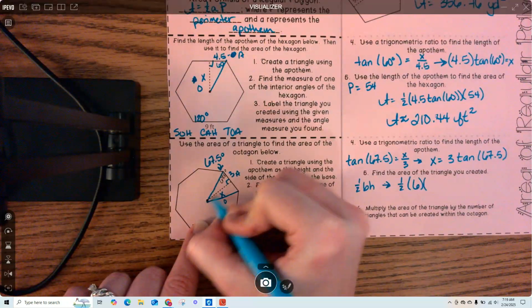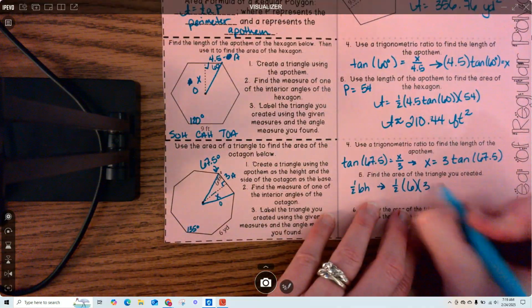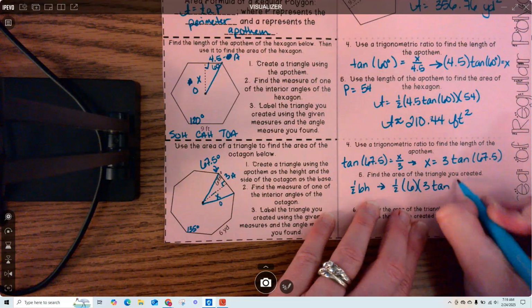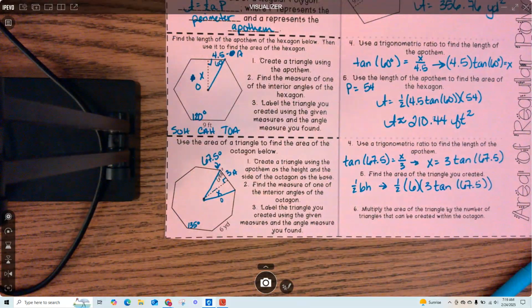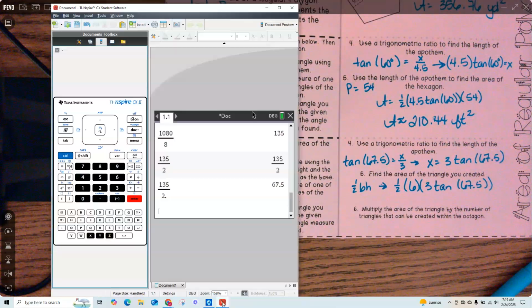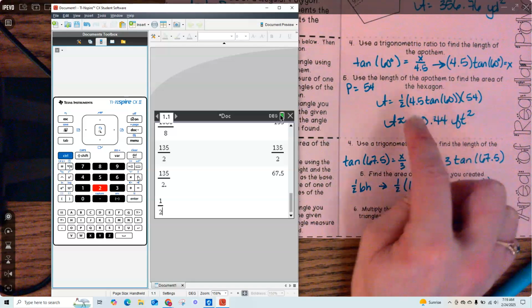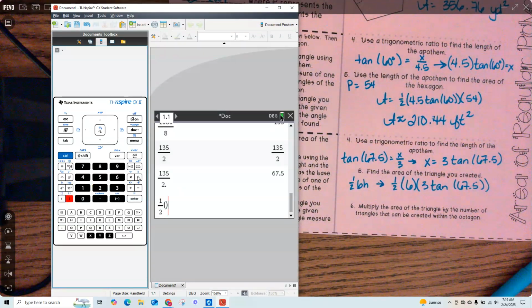And then the height of the triangle is this apothem, this 3 tangent of 67.5. So this is just another method you could use. You could do exactly what we did up here, and we'll actually probably do that and look at what answer we get and compare them.